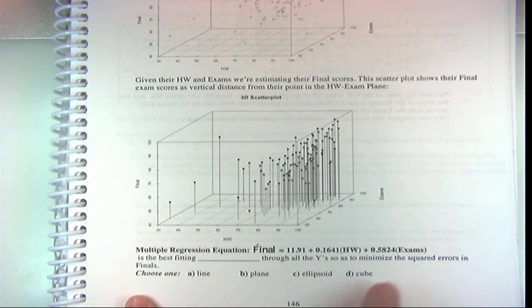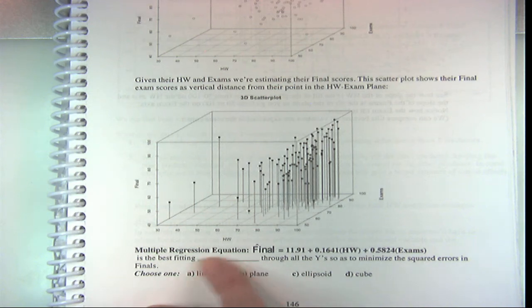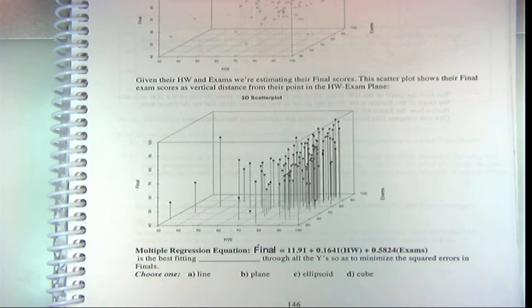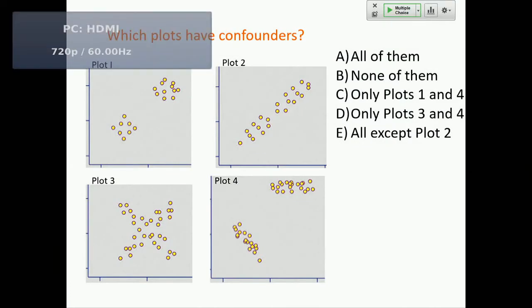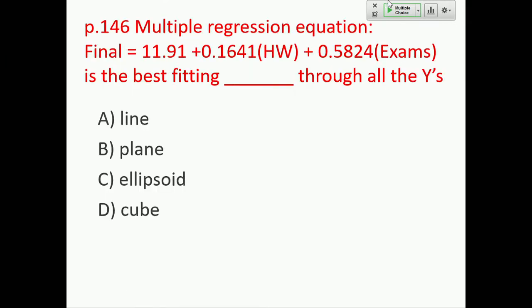Let's do this as an iClicker right now. So choose between, what do you think this is? This is the equation of what? Do you think it's a line, plane, ellipsoid, cube, what? This equation right here.